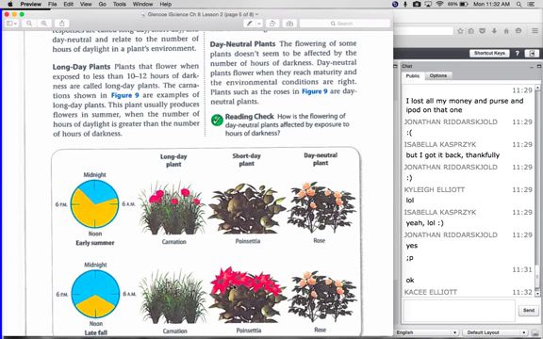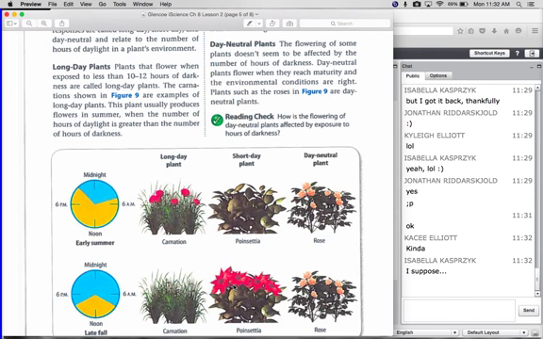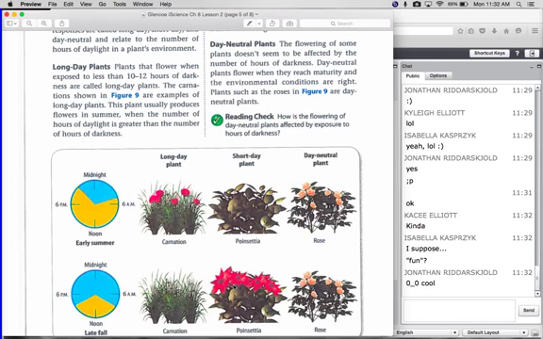You know what I think would be a fun experiment is if you could trick one of these long day plants into blooming at the wrong time. Say you have two plants, and they're both long day plants. You leave one out, and since we're getting so close to the summer, the carnations will tend to bloom when it's longer days.